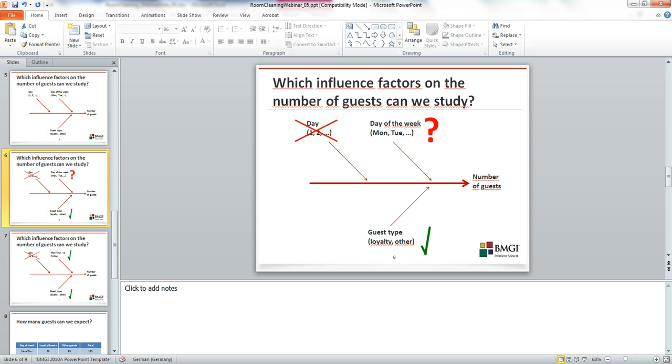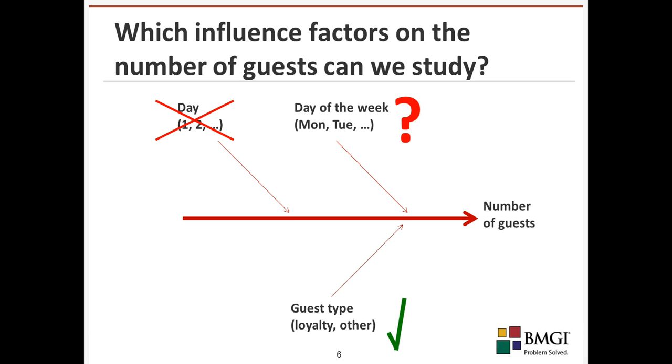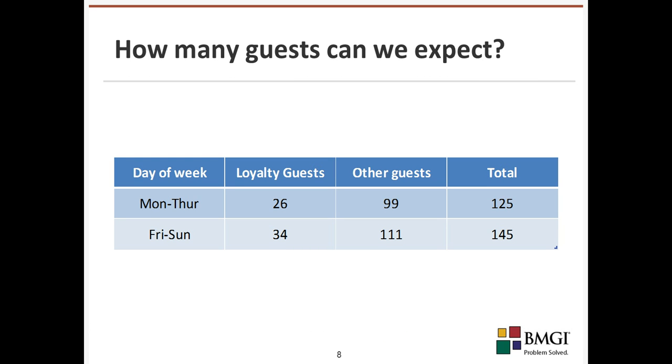To summarize that, let us see, this is where we are coming from. We were asking for this here, and what we find is that Monday through Thursday is different from Friday through Sunday. Here are the data that we just calculated. So Monday through Thursday we can expect some 26 loyalty guests per night, and some 99, let's say 100 other guests per night.